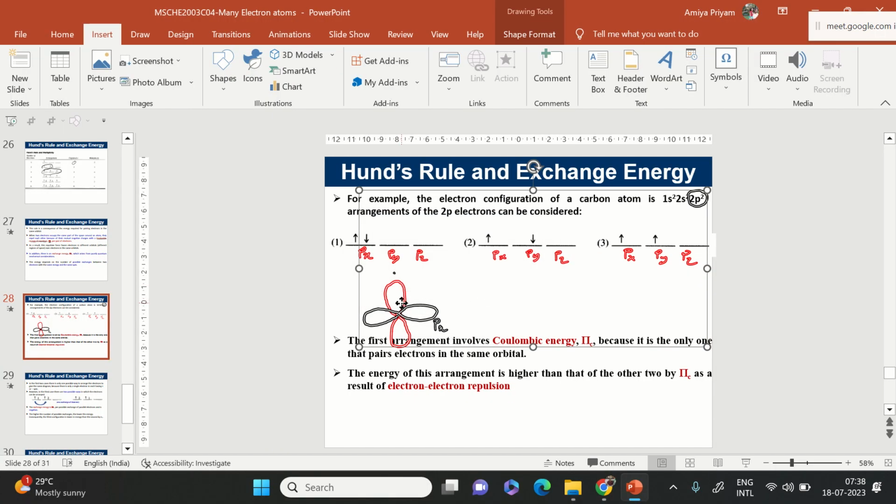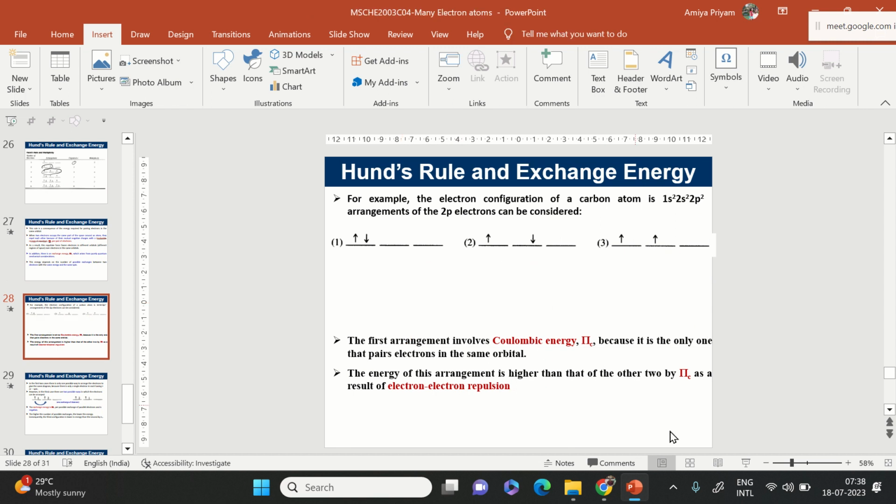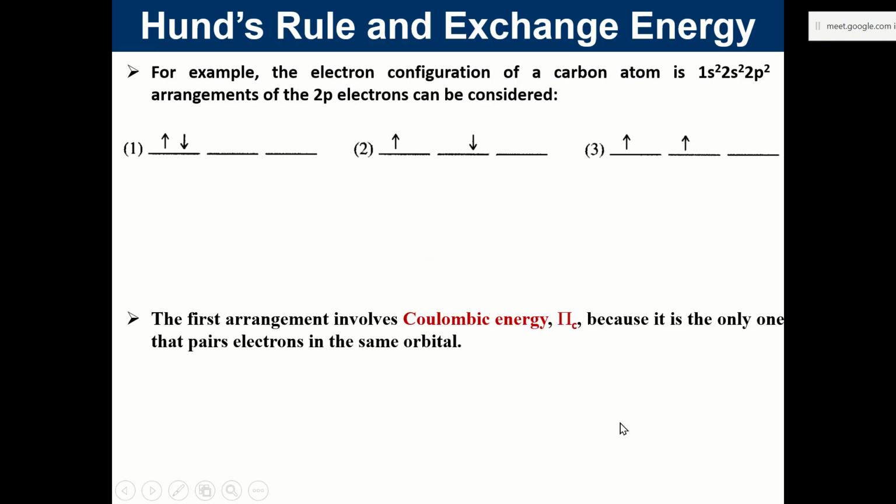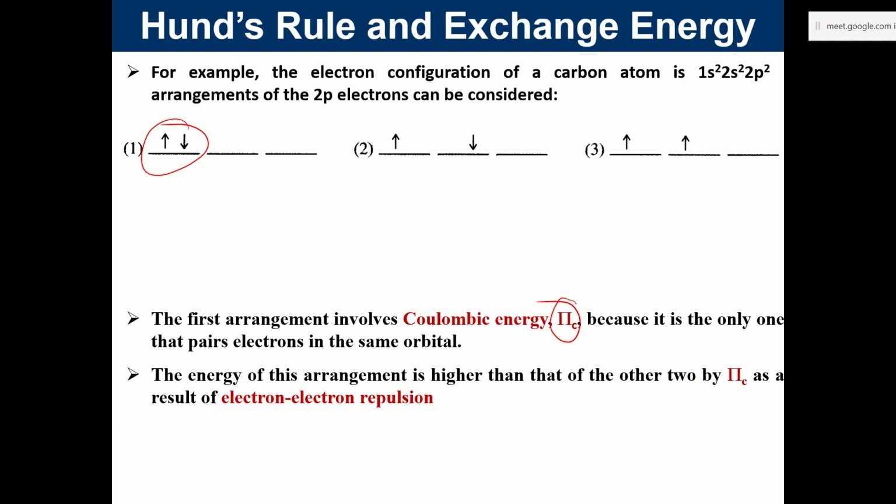So what we have seen here is that the first configuration involves Coulombic energy. There is repulsion, they are occupying same region of space around the nucleus, so the attraction of the nucleus is not that dominant.